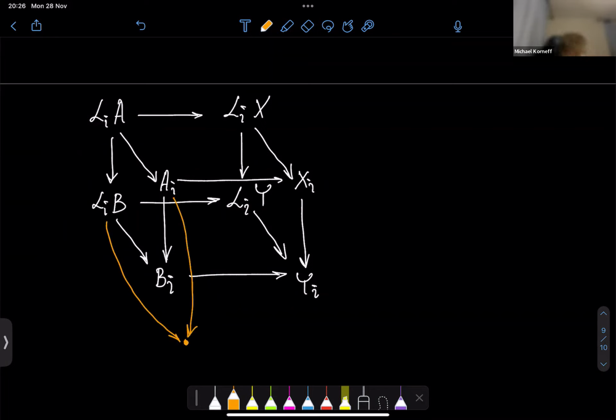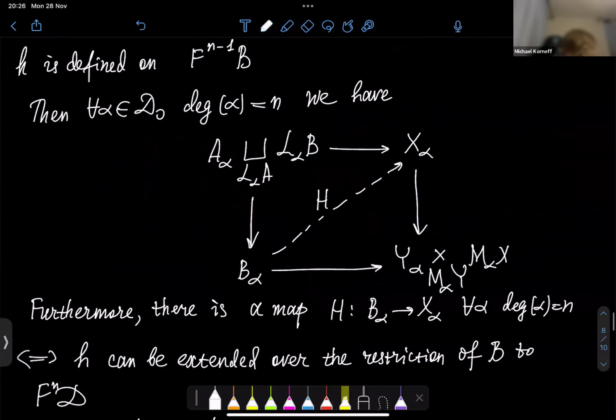And of course, after that, we obtain the arrow, and so I copy this diagram.